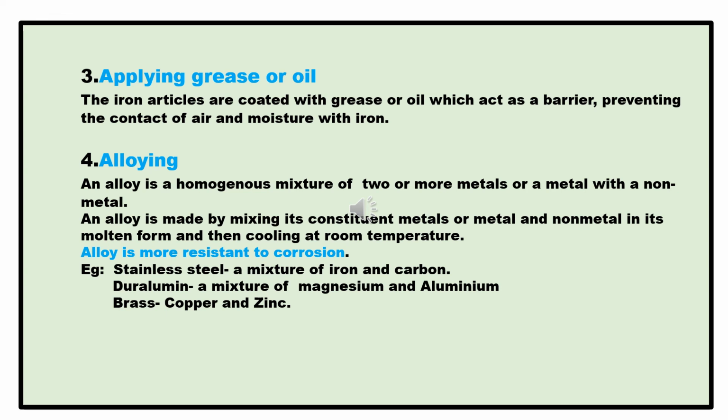So iron is molten, carbon is molten separately. Carbon is a non-metal and iron is a metal. Both are mixed together and cooled, and the resulting product that we get is what we call steel. We know iron will get rusted fast, but steel will not get rusted.